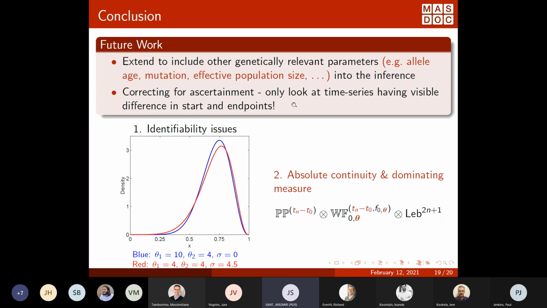And if we want to include something like the effective population size, that inherently is going to change the observation time intervals Tn minus T0 by scaling it by a factor of 1 over the effective population size. So you need to find a dominating measure which would decouple this dependence, but at the same time you need to retain absolute continuity so that your Markov chain will mix.